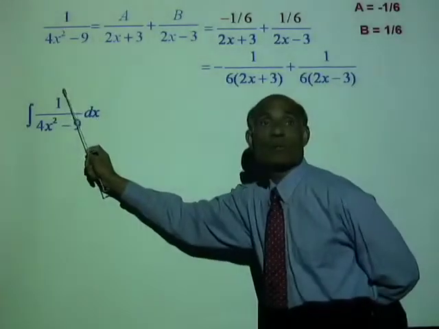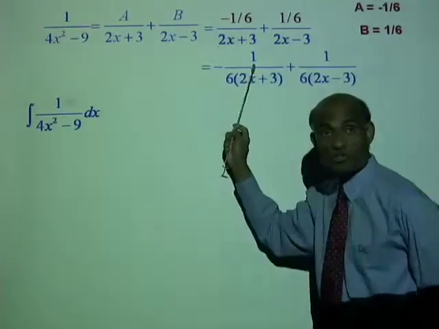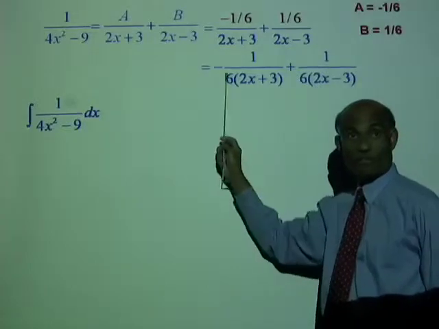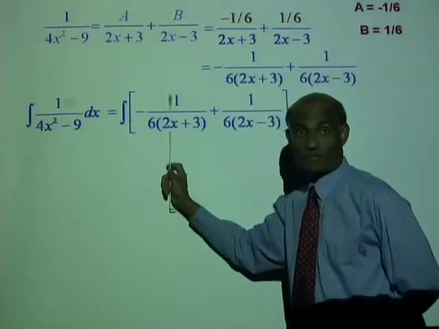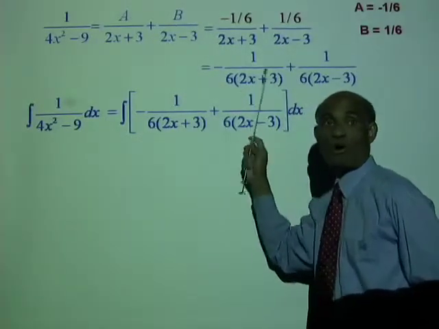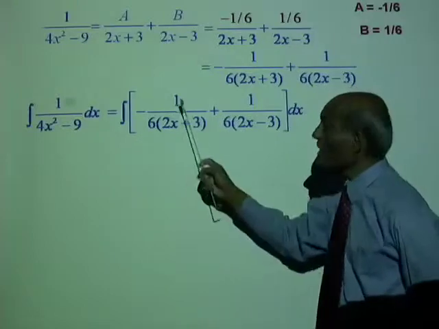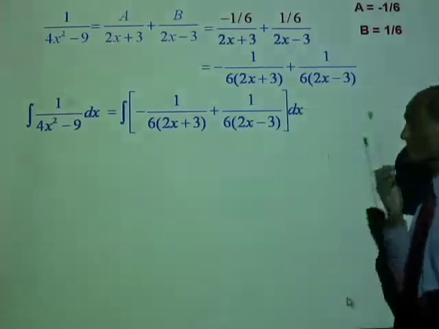Now, integral 1 over 4x squared minus 9 dx is now the same as integral of this. Now look at the way I wrote that. That's right, integral of this, which is the sum of two functions. Which means we can integrate each of them one by one.